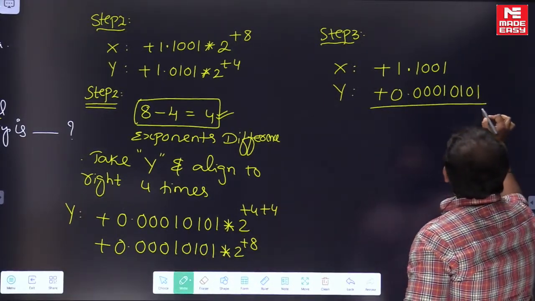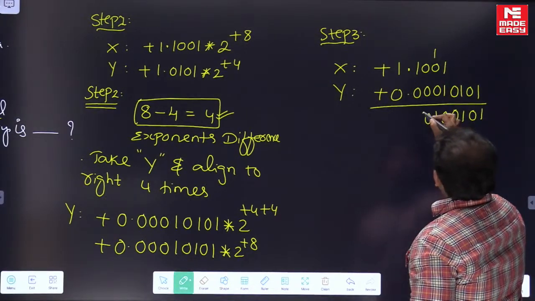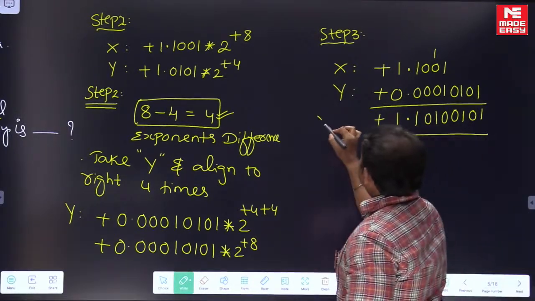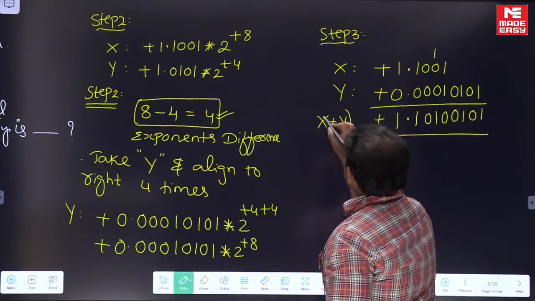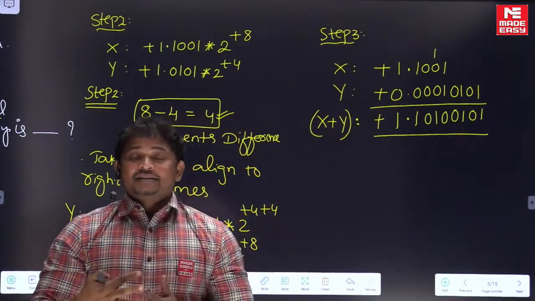Add them: 1.10100101. So this is the Mantissa addition, x plus y. Both the Mantissas are added.